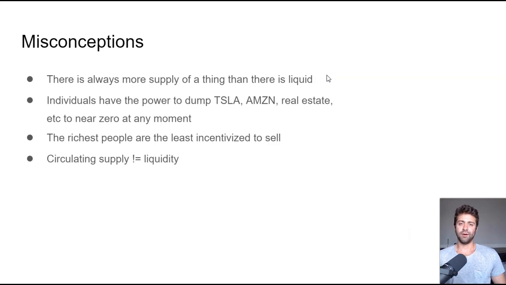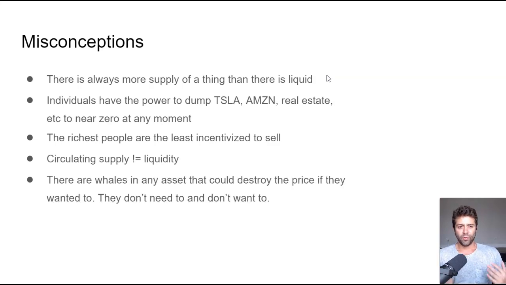But if you're worried about the founder of HEX dumping all the coins overnight, maybe you should also be worried and paranoid about Satoshi Nakamoto coming back, or what if he gave his private keys to his children and they decided to just dump the coins overnight? These fears start to seem kind of silly and hypocritical when you start to apply them to any other financial instrument. And we'll do a good example of this later so you can see what I really mean, okay? But like I mentioned, to sum it all up, there are whales in any asset that could destroy the price if they want to.